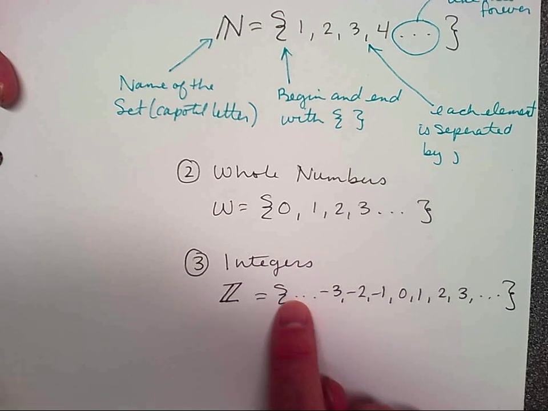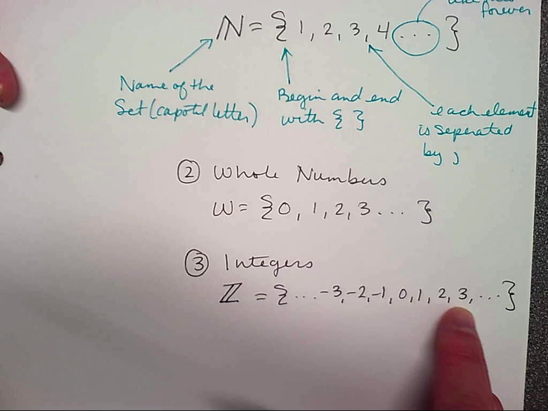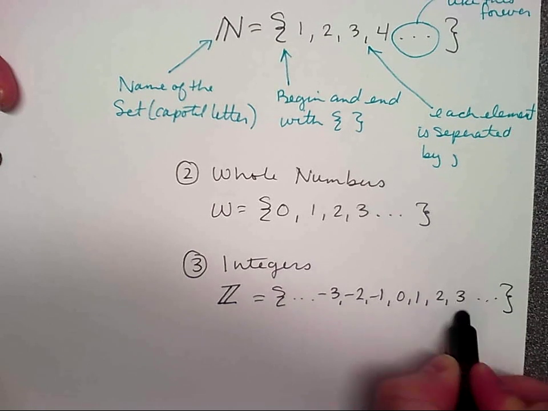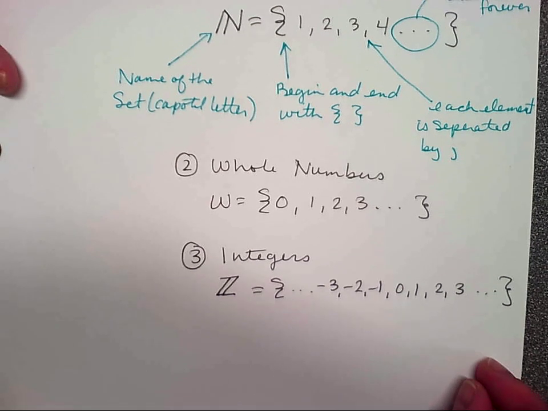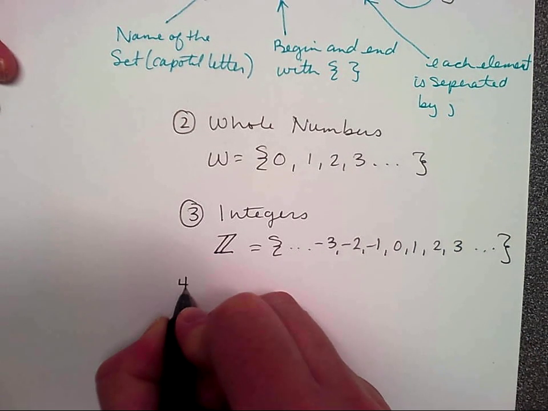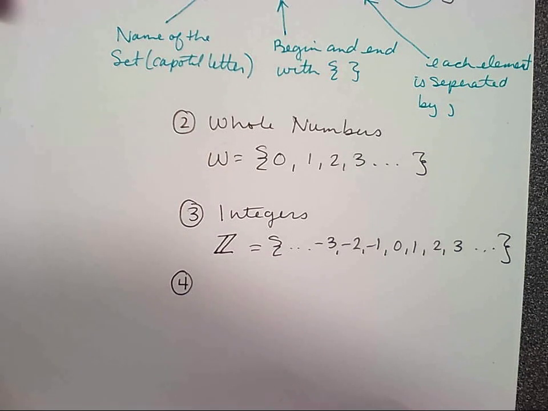So that to the left means it includes all the negative numbers. I'm showing at least 3 elements, so I'm showing a pattern. And then I have a ... there because it continues like that forever as well. Okay? So for each of these sets, I'm adding a little bit more, right?